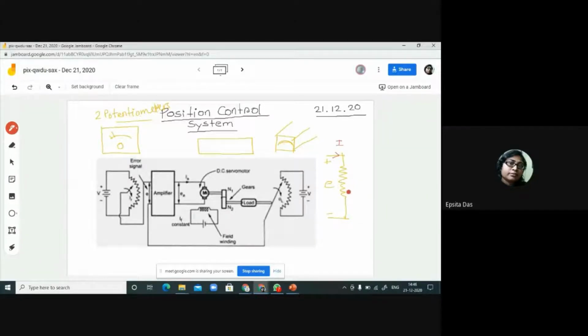Now, if I am able to manage tappings so that I can get different voltages, that means if my tapping is up to this point, I am getting the resistance. Suppose this part is R1. So what is the amount of voltage I am getting? If I keep the key here and measure the voltage using a voltmeter up to this point, I will get I into R1.